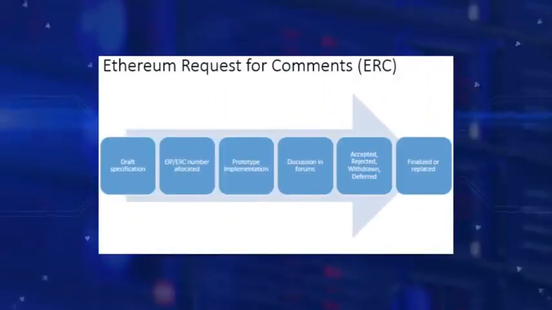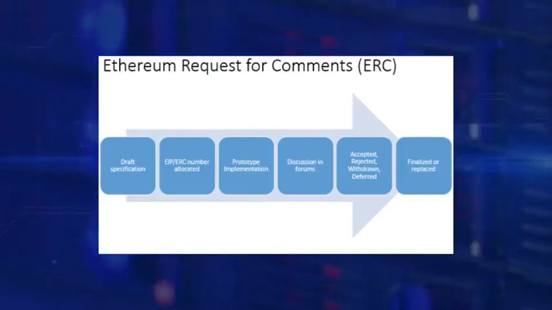An accepted ERC is finalized and is allocated an EIP number and implemented by the protocol. We'll discuss 2 of the many ERCs that are making a splash in the DApp realm, ERC20 and ERC721. Let's consider coins and tokens. As you might remember, anybody can mint coins and issue tokens.